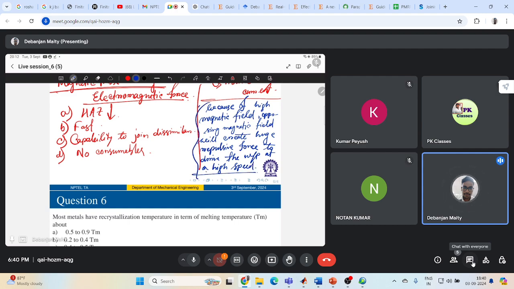This is the main mechanism of magnetic pulse welding.